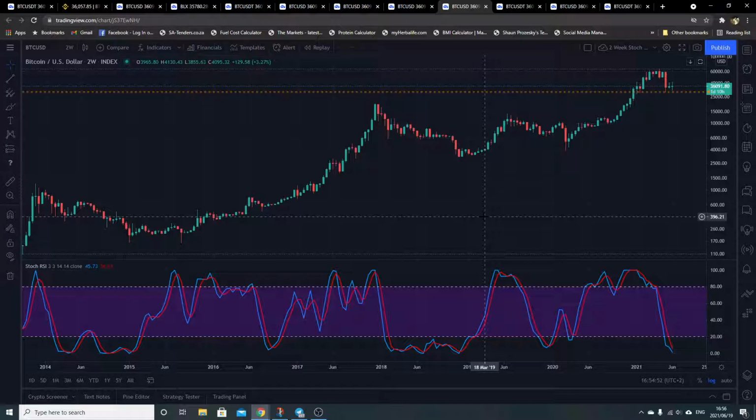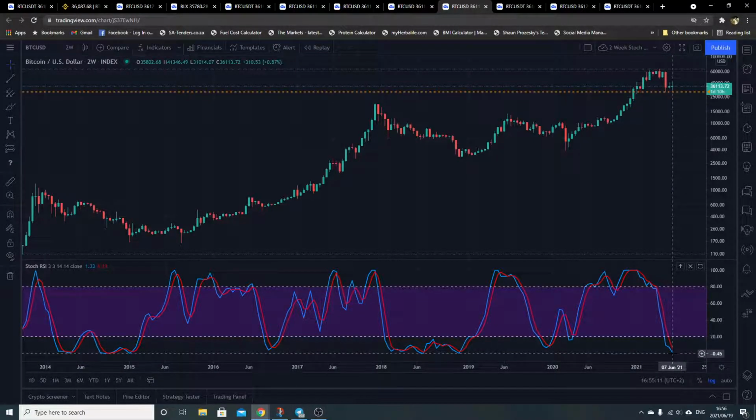Another video I'm going to go through, but I'm going to quickly touch on it now. This is on a 2-week chart, guys. Bitcoin US dollar 2-week index chart. I'm watching the stock RSI on the 2-week chart. We are currently in this region here now. We are waiting and waiting and waiting for a cross up. We're waiting for the blue to cross the red and to go above the 20 level mark.